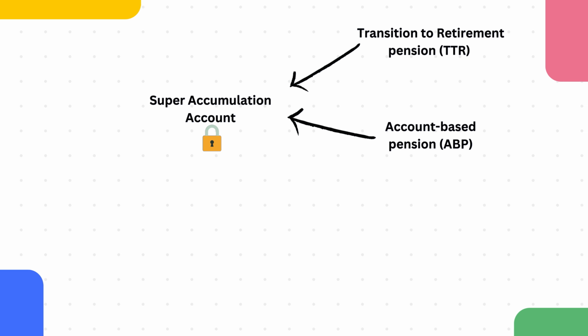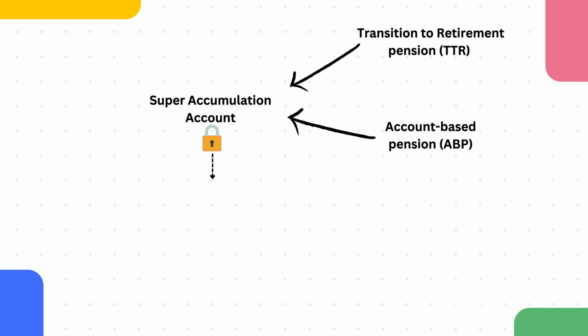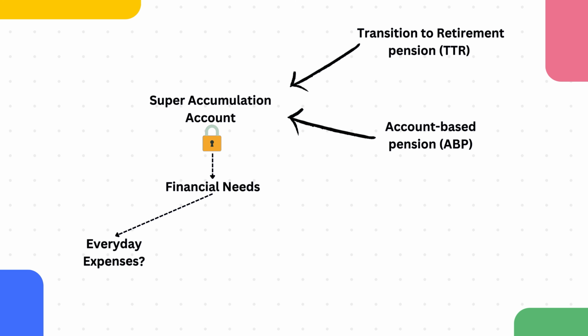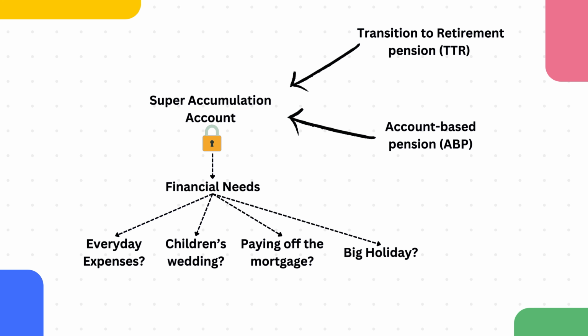Will locking those funds away impact your ability to meet your financial needs, including everyday expenses or any larger plans that require access to those funds? Your answer to that question will determine how much you can reasonably transfer without compromising your financial stability or flexibility, even if it increases your age pension.